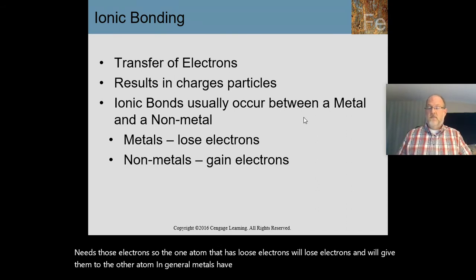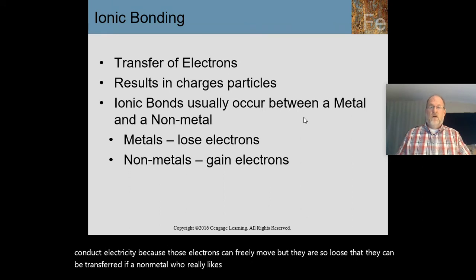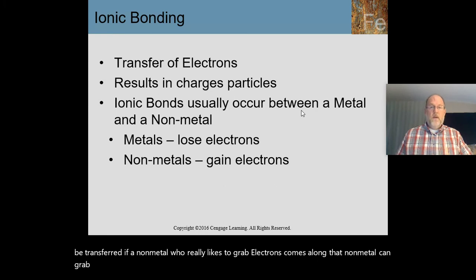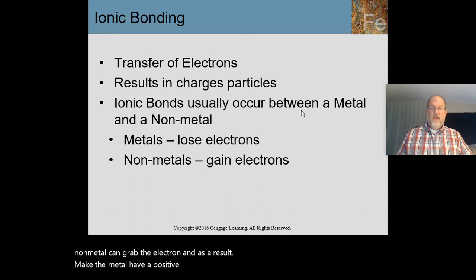That's actually what makes them conduct electricity, because those electrons can freely move, but they are so loose that they can be transferred. If a non-metal who really likes to grab electrons comes along, that non-metal can grab the electron and as a result make the metal have a positive charge of some quantity and the non-metal a charge of an equal quantity.